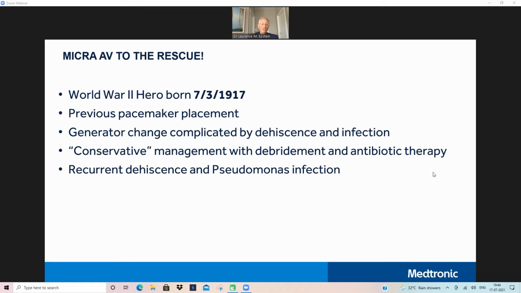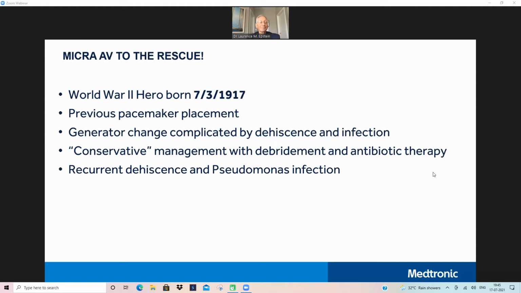He had a previous pacemaker implantation for heart block. He had a generator change where he had dehiscence and infection, and because of his age, the folks decided to use a conservative management approach with debridement and antibiotic therapy, but unfortunately, he came back with recurrent dehiscence and Pseudomonas infection, so that conservative approach really wasn't working.